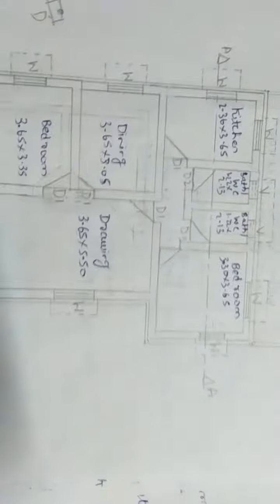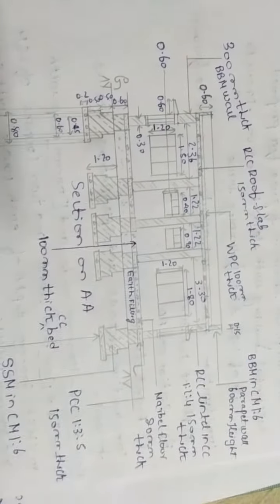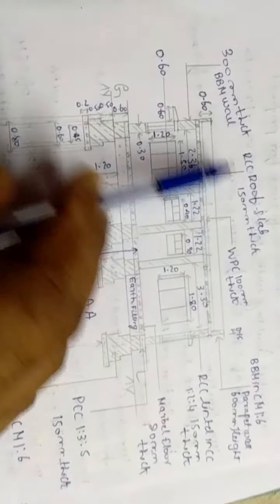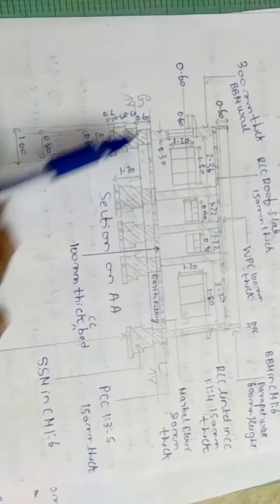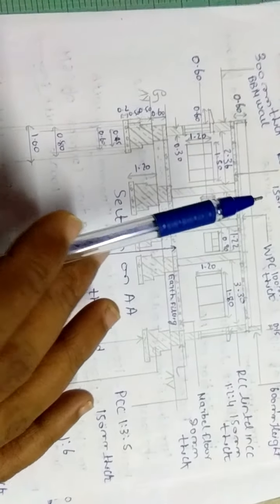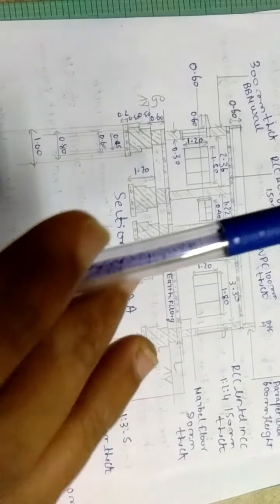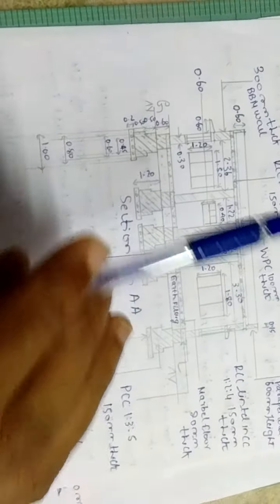Now how to imagine the section from the top to the bottom? Here you can see, this is the section we have to look for. As I told you, from the top side to the bottom side.